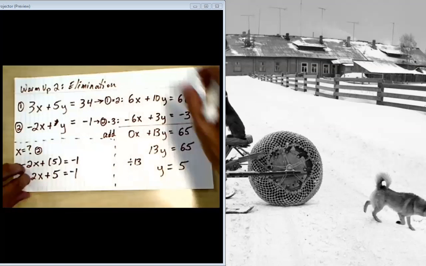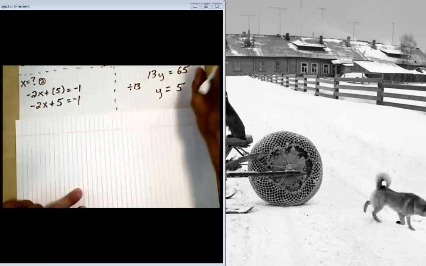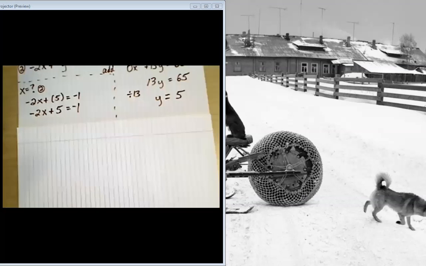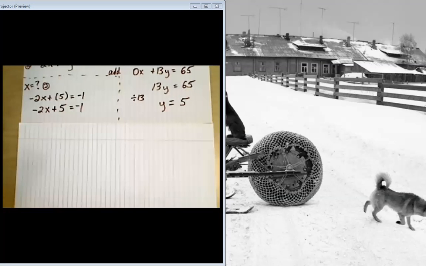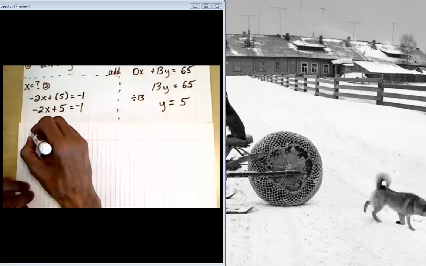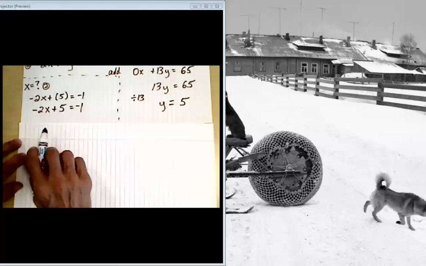And what next? We have to solve for x. Minus 2x equals minus 1 plus 5.